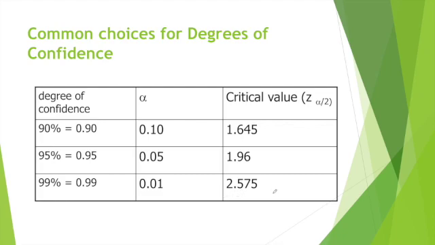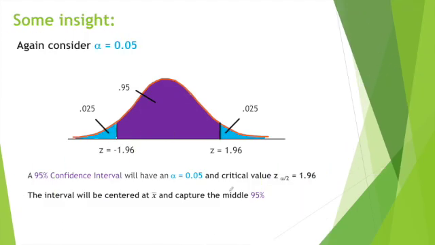So this is how all of these things relate. A 95% confidence interval, again, will have an alpha of 0.05 and its critical value is 1.96. And our sample mean is centered in the middle, with 95% of the data.